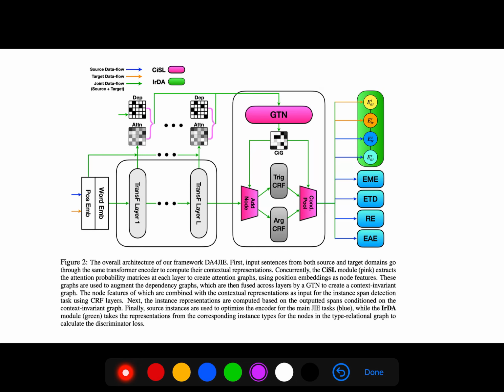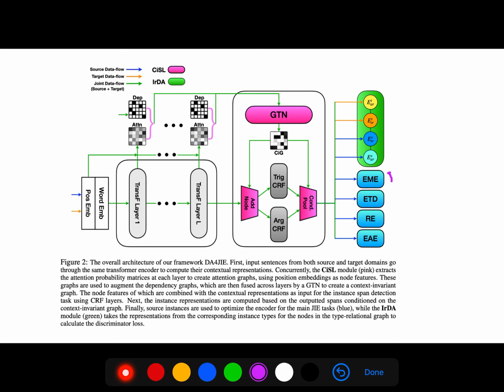The node features of which are combined with the contextual representation as input, for instance, the span detection task using CRF layers. Next, the instance representations are computed based on the output spans, conditioned on the context invariant graph. Finally, source instances are used to optimize the encoder for the main tasks.